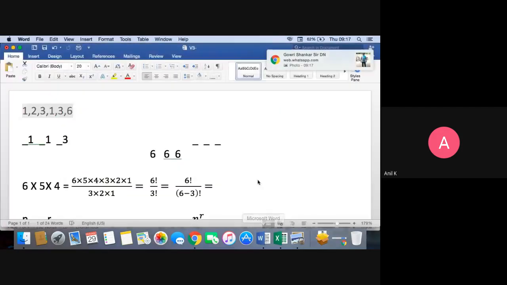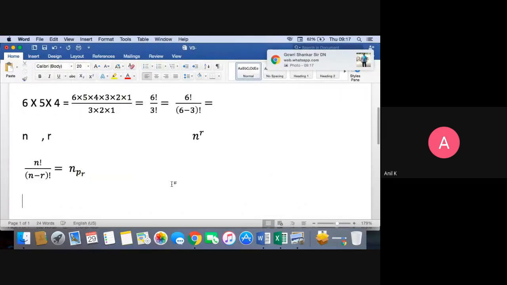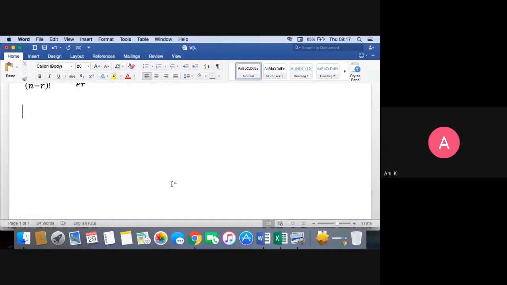I think in the last class I explained this one. I'm going for when all the letters are not distinct. I think everyone has heard about this word, Mississippi.